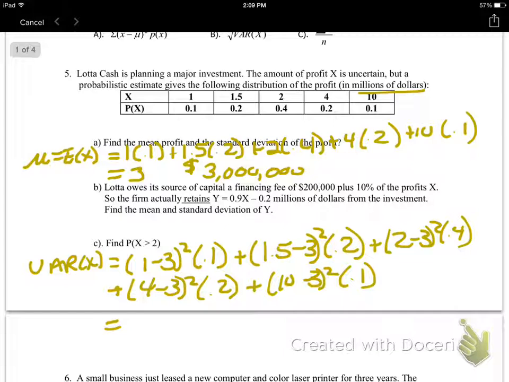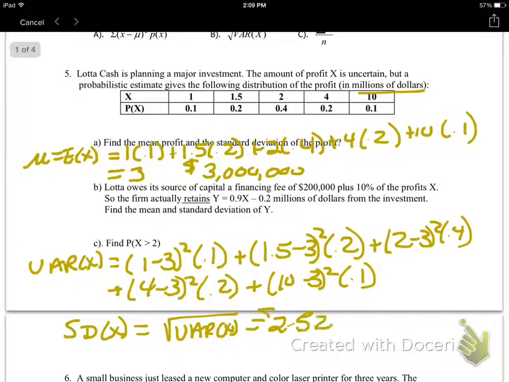All right, so what I really wanted to find is the standard deviation, which is equal to the square root of the variance of x, which is equal to $2.52 million. That's the answer to A.